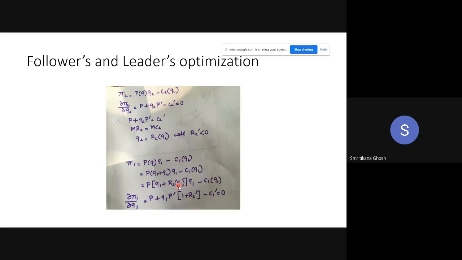Because here you are getting dq2/dq1, and that is non-zero. So this is how you get the function of the leader. Leader's optimization is there, follower's optimization is there, so we have the mathematical part of the optimization. Then what is the diagram?